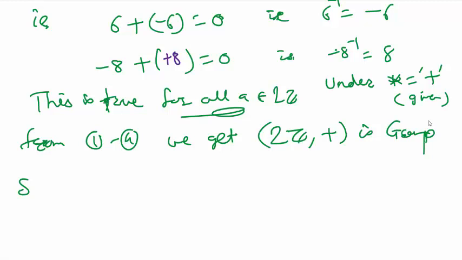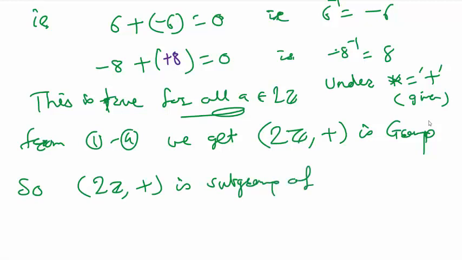And so (2Z, +) is a subgroup of (Z, +), because 2Z is a subset of Z. Z is the set of integers. 2Z is the set of even integers.